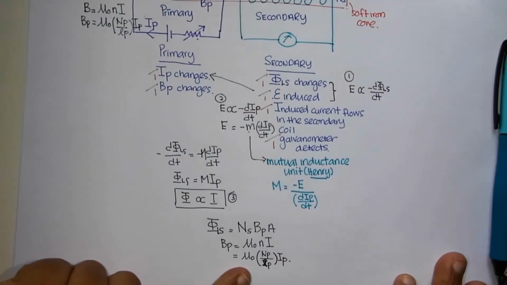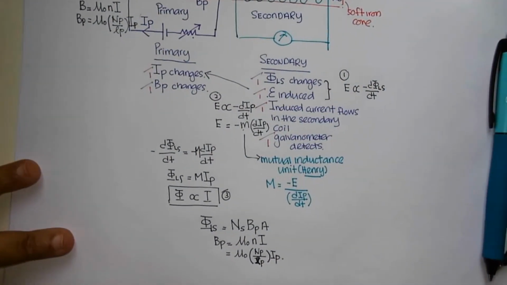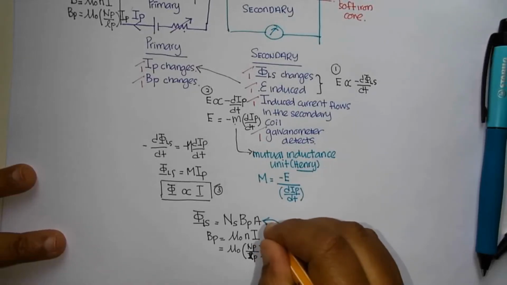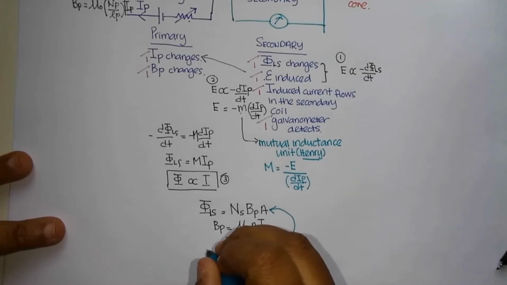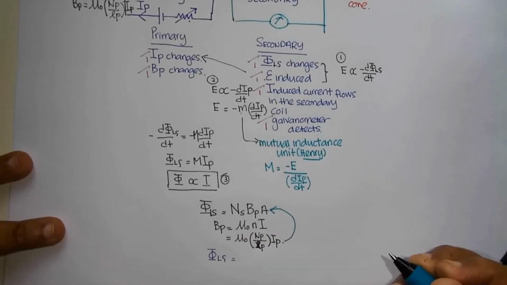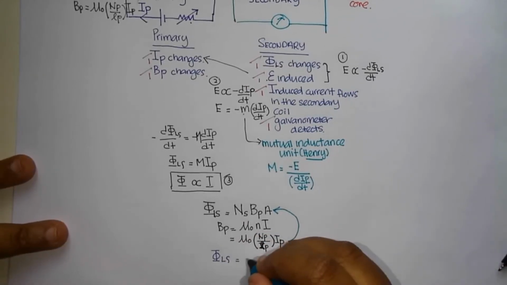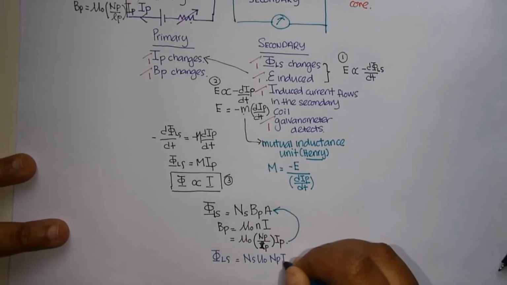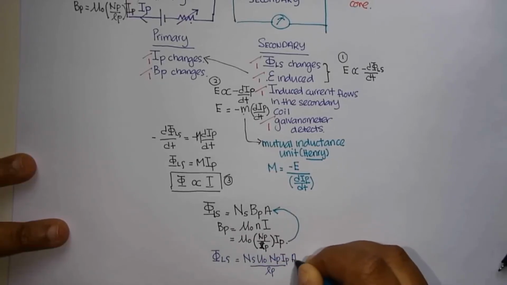So that's how I got this. I'm going to take this and substitute it in here. So I will get the magnetic flux linkage in the secondary coil is NS mu naught NP IP over LP times A.